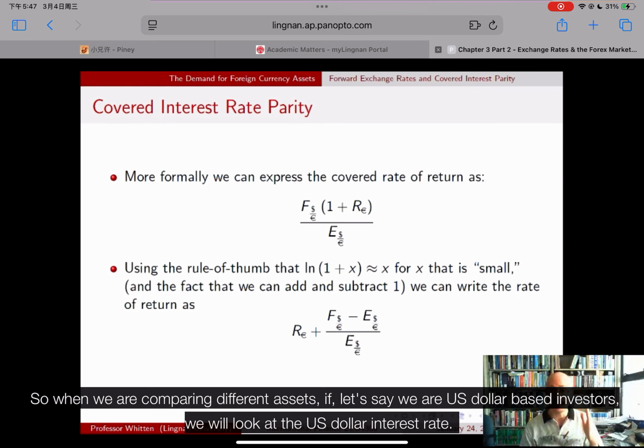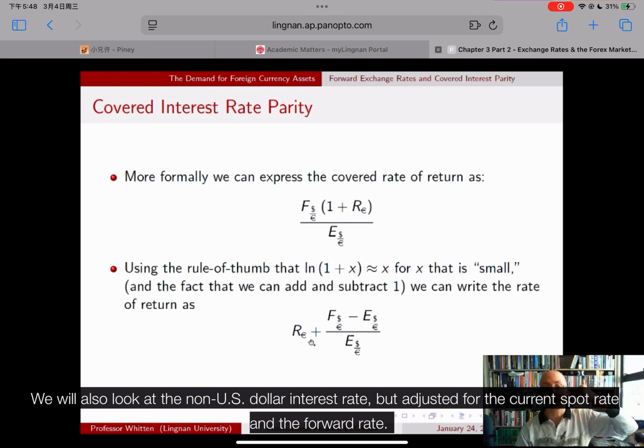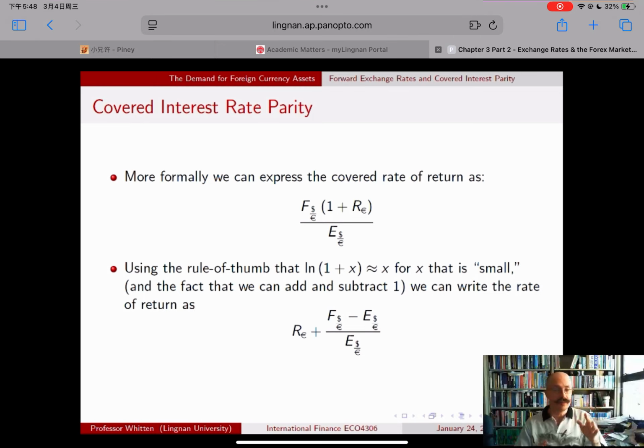So when we are comparing different assets, if, let's say, we are US dollar-based investors, we will look at the US dollar interest rate. We will also look at the non-US dollar interest rate, but adjusted for the current spot rate and the forward rate.